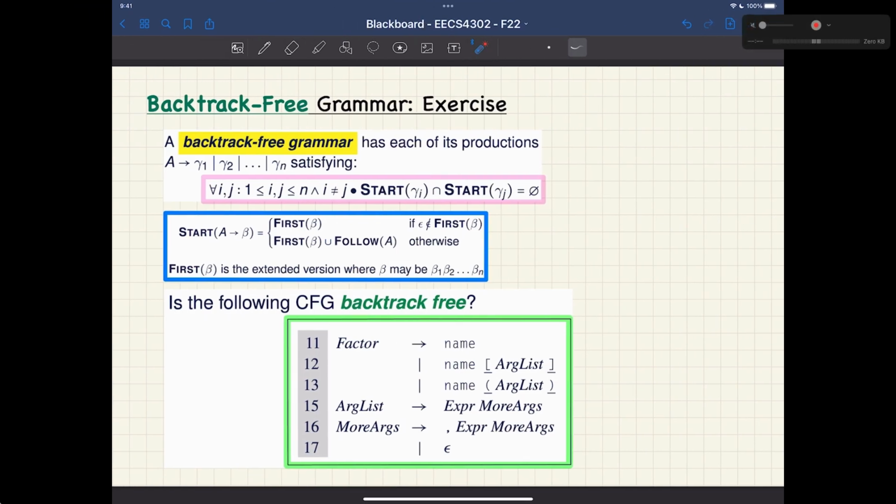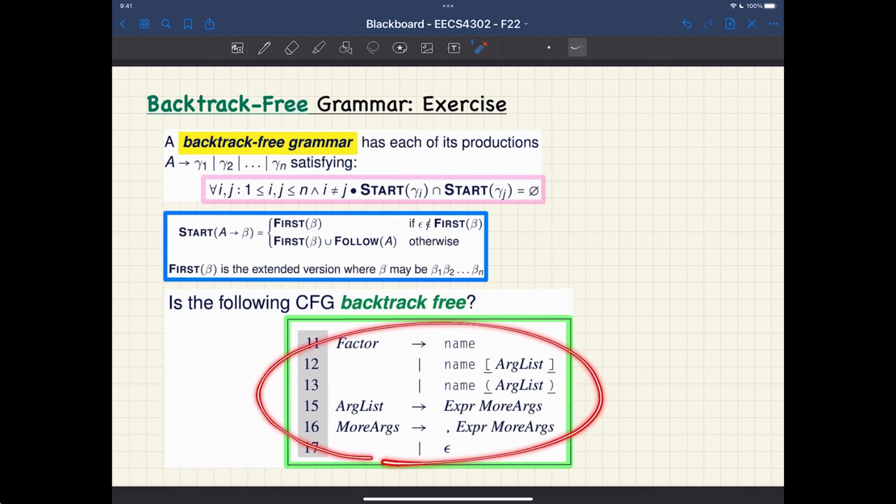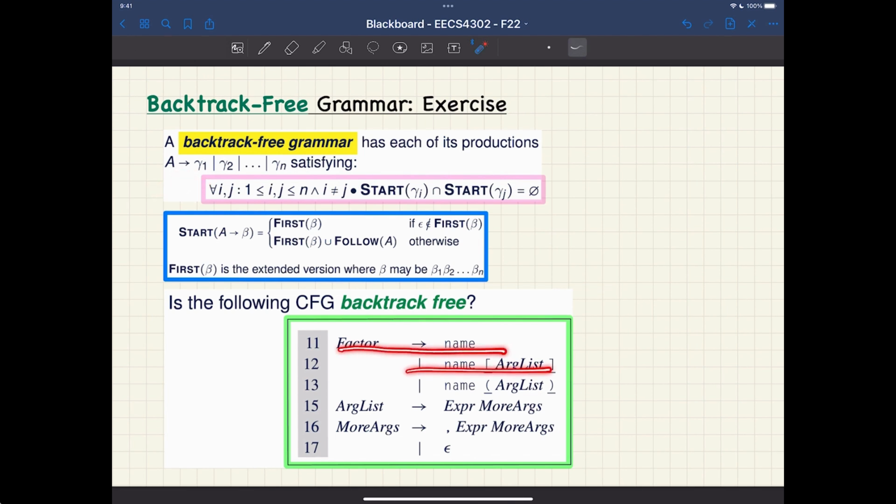Okay, so this is the input grammar over here. Okay? In order for any arbitrary grammar to be backtrack free, this is the property, which is to say that given, you can think about production number 1, number 2, number 3, number 4, number 5, number 6. 6 different productions for this grammar.